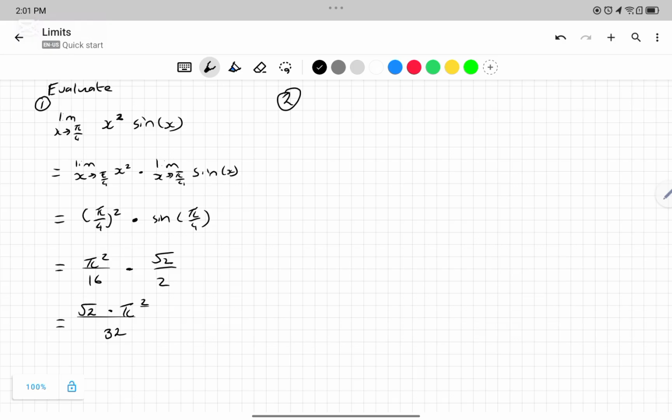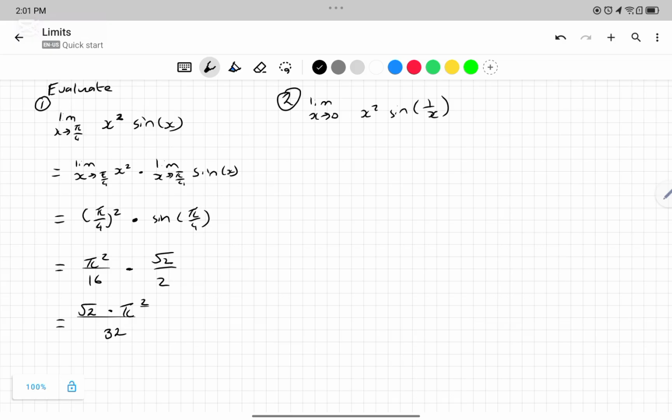And now let's do question number 2, which is limit as x approaches 0 of x squared sine 1 over x. You could apply the same thing here, like separate them and then find the limits of each.